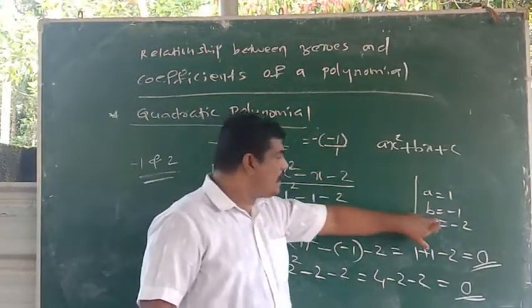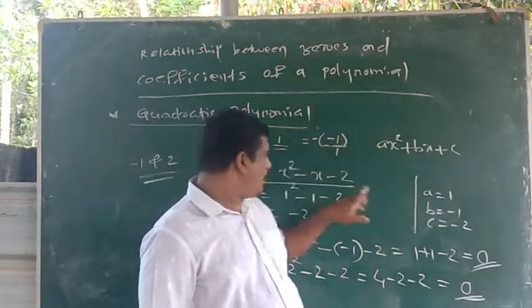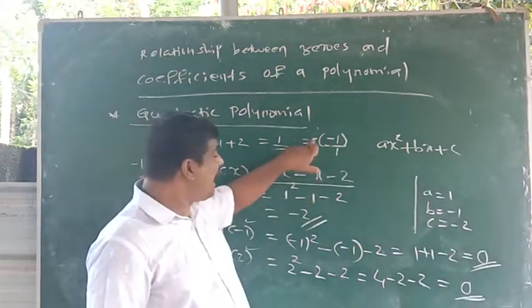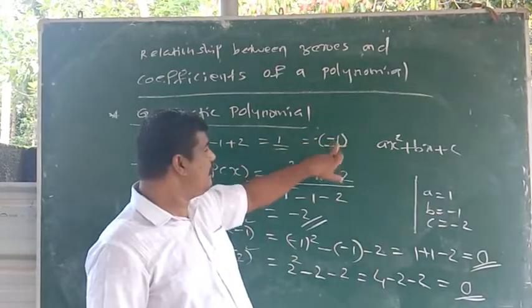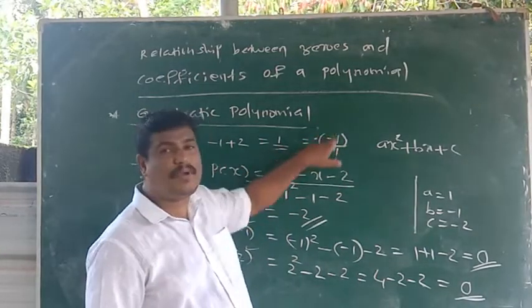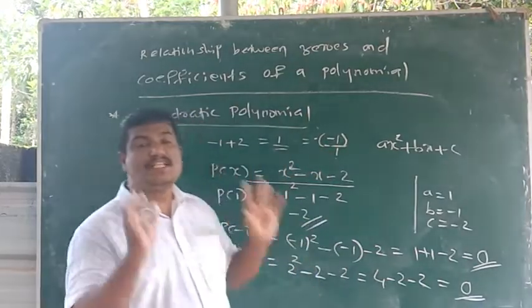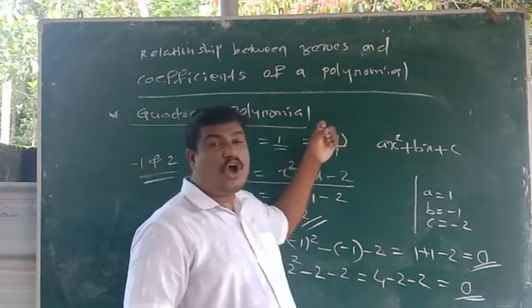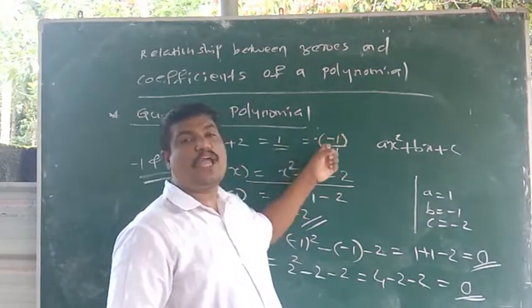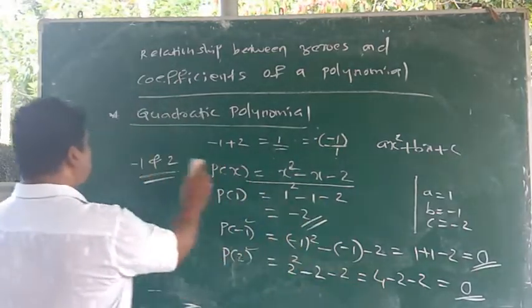Then the coefficient relation: coefficient of x is minus 1, then minus coefficient of x, so minus of minus 1 is 1, divided by coefficient of x square 1. 1 by 1 is 1. It is also 1. So sum of zeros is equal to minus coefficient of x by coefficient of x square. This is one main relation.